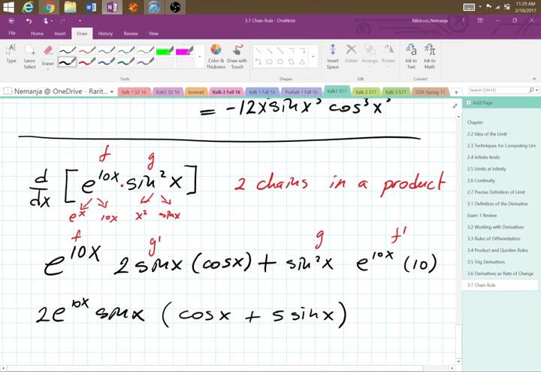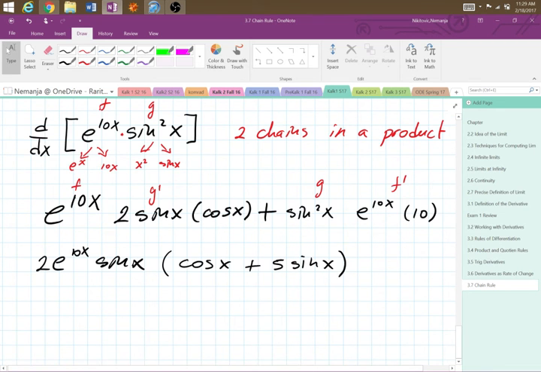And you know what? Most of you are able to grind through products and chains when you get sufficiently experienced with it. Factoring trips you more than actually doing derivatives. So practice factoring, guys. Chapter 4, you do exactly the same thing, but now you have to set it equal to 0 and solve for x, which is incredibly easy if you have it factored. 2 equals 0, no solution. e to the 10x equals 0, no solution.